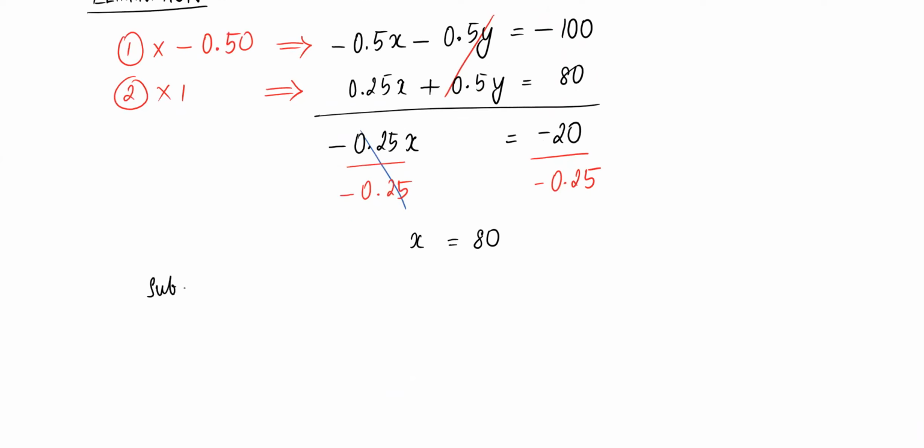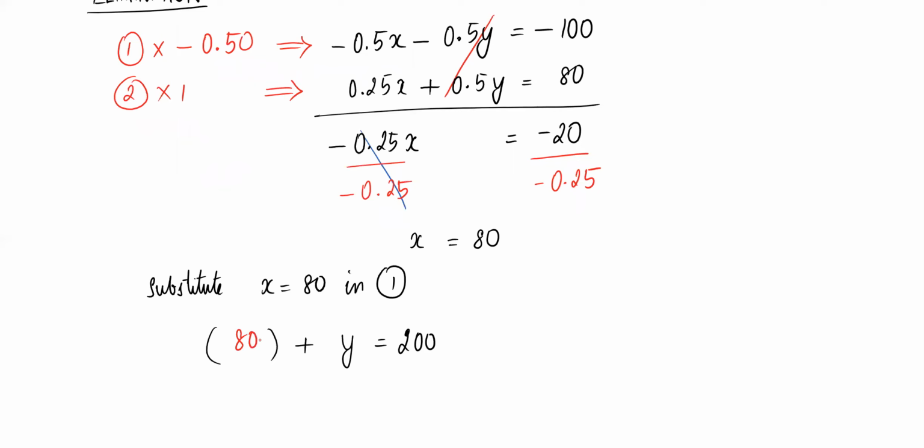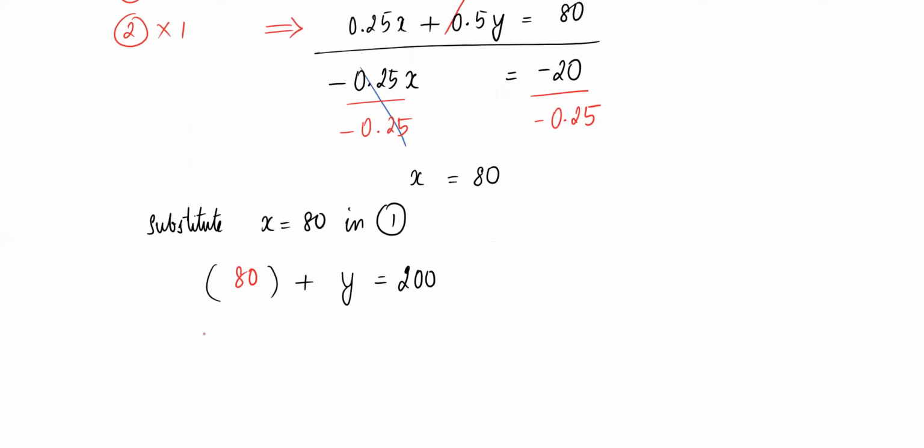Then we substitute x equals 80 in equation 1. So we have x plus y equals 200 milliliters. So x is 80. Again, at this point, it's intuitive. You know that they must add up to 200. So if you are already using 80 for one solution, the other one must be 120.